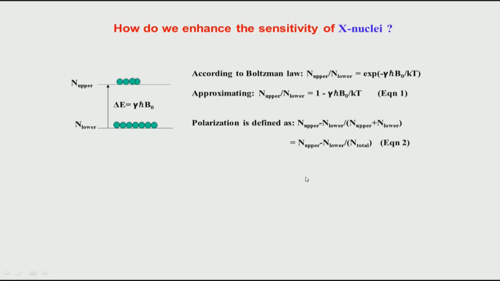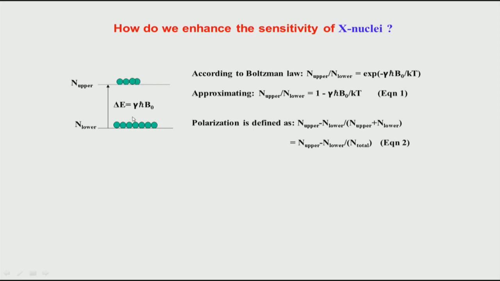How do we know that the sensitivity is less, and why is it less? That basically comes from the Boltzmann principle, which we saw in the very first part of the course. We looked at the energy levels and saw that the population is distributed between these two energy levels.